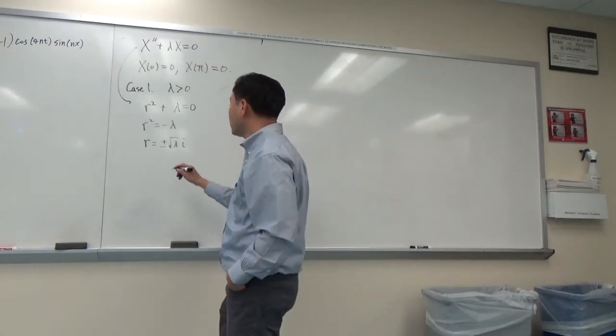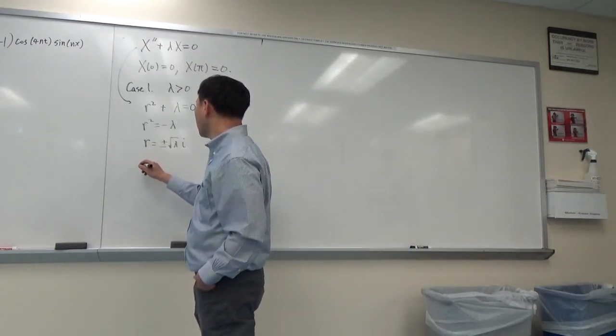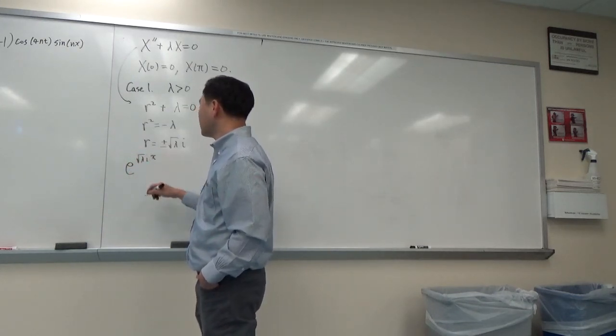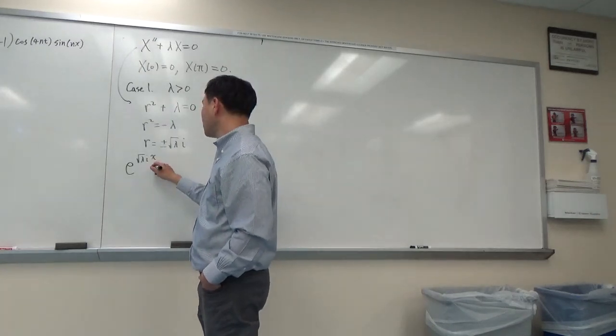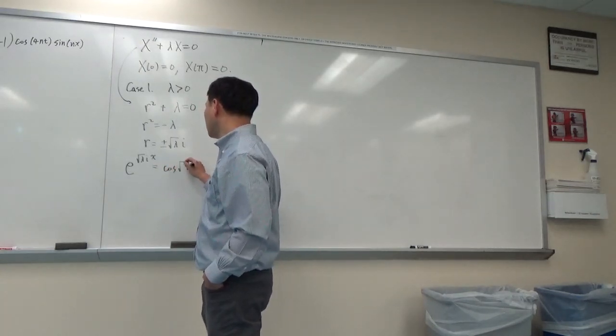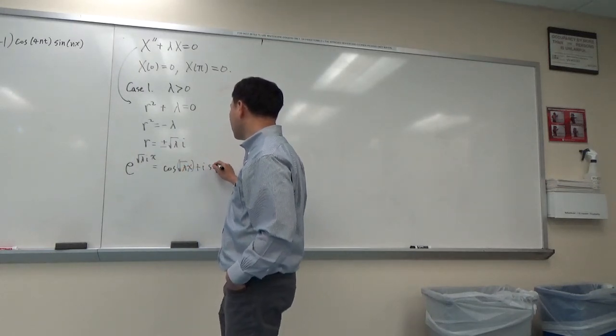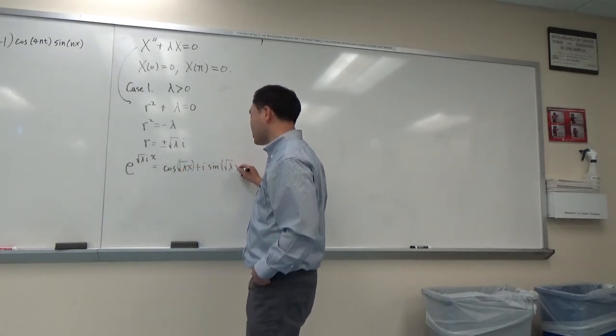That says e to the square root of lambda i x is a solution, which is cosine square root of lambda x plus i times sine square root of lambda x.